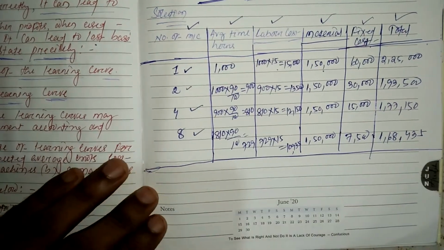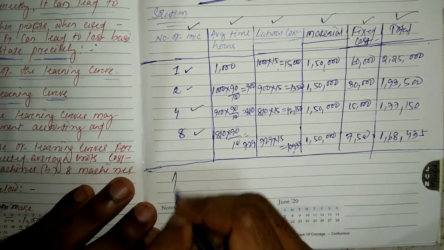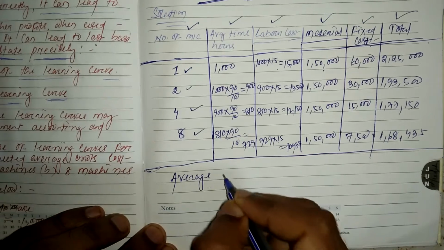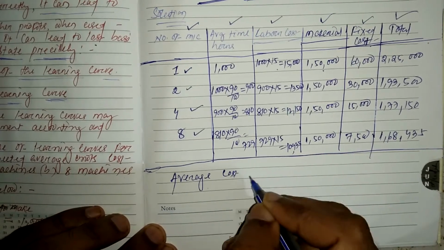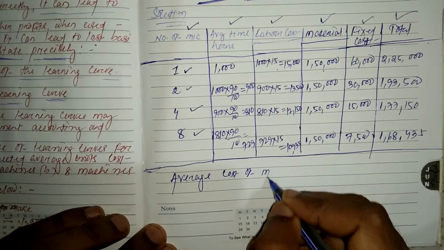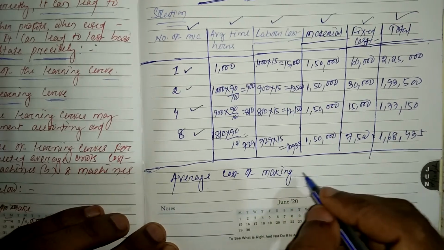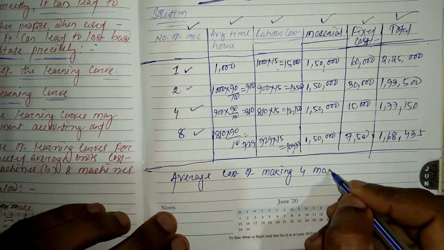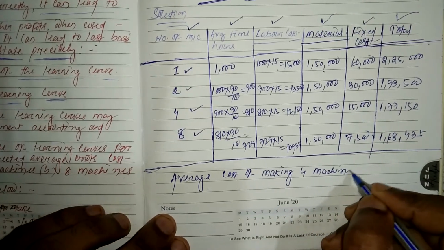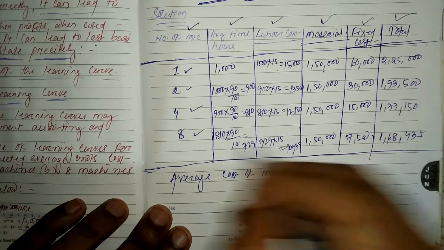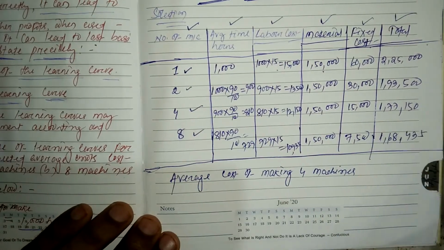So the average cost of making 4 machines will be rupees this one.